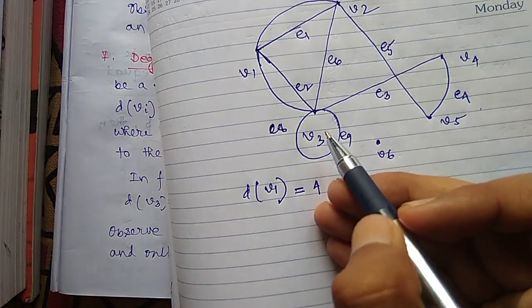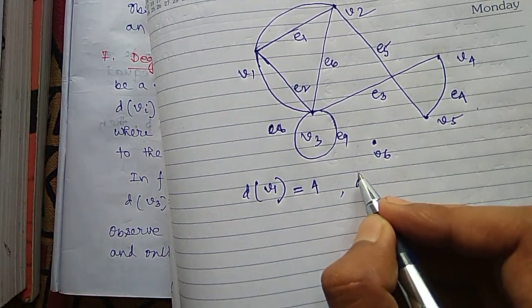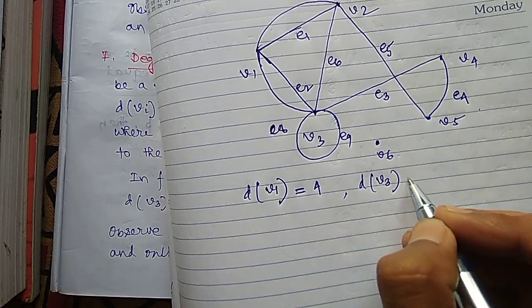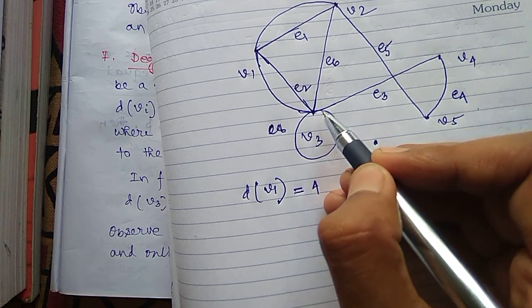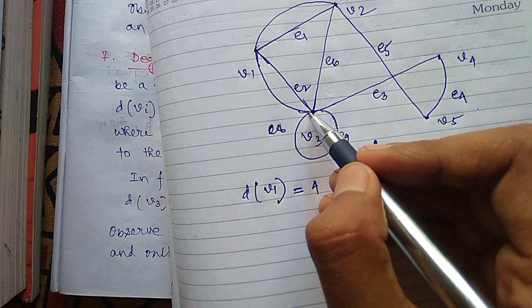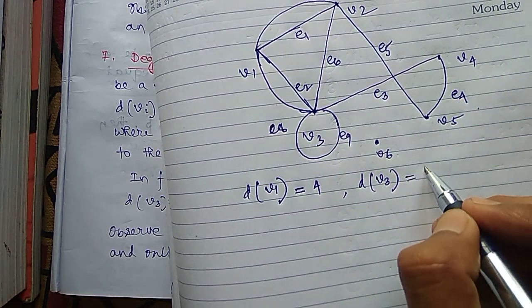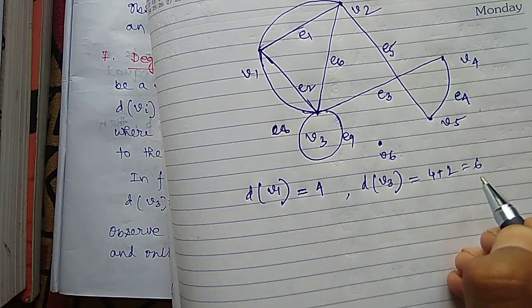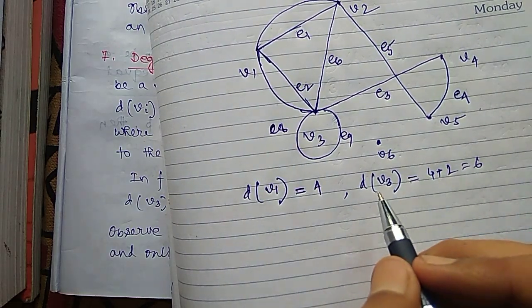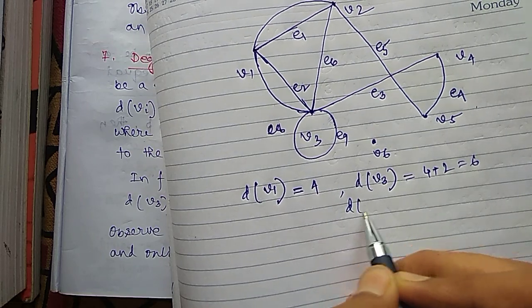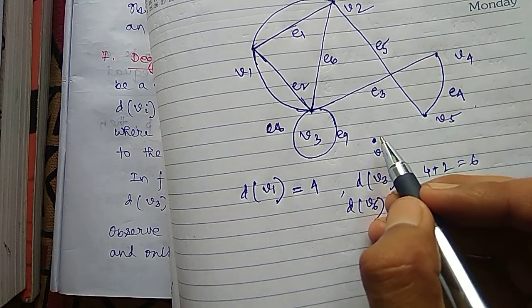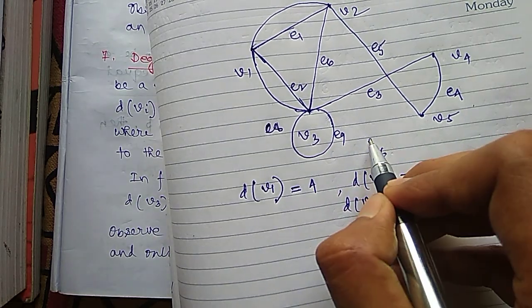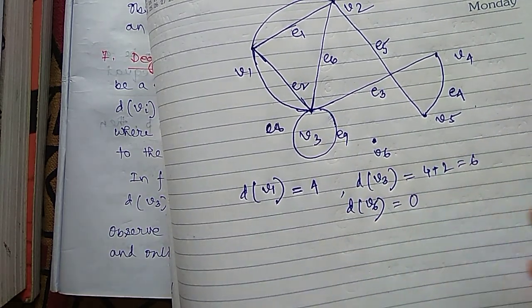Now calculate d of v3. Here 1, 2, 3, 4 edges, and for a loop we have to add 2. So total 4 plus 2 equals 6. d of v3 is equal to 6. And d of v6: no edge is incident with this vertex, so d of v6 is equal to 0.